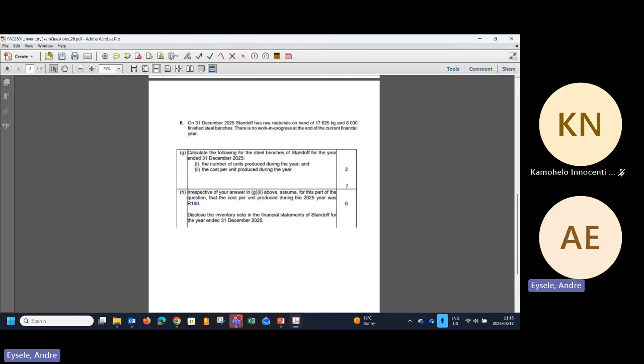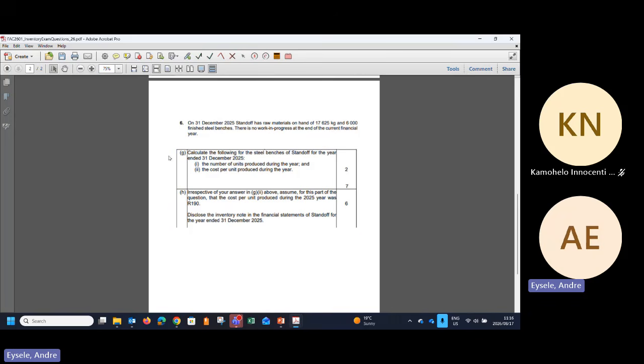So what is required of us? We need to determine the number of units produced during the year, and then we need to determine the cost per unit produced during the year, for 2 and 7 marks. Then we will come back to the rest. But for this purpose, colleagues, whenever you open up your paper in the examination, you always go to the required to see what is expected of you.